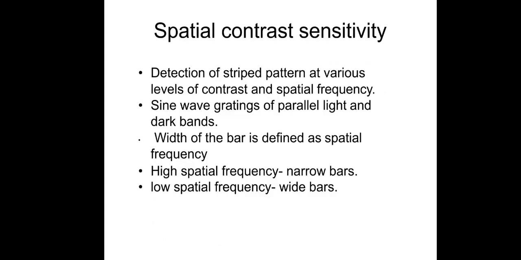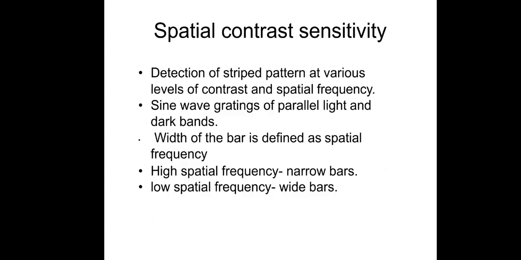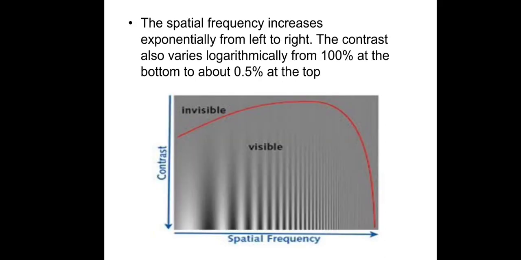If it is low spatial frequency, there will be wide bars. If the patient only gets the left image, those wide bars mean the patient has some degree of low vision. So low spatial frequency is the wide bars and high spatial frequency is the narrow bars.